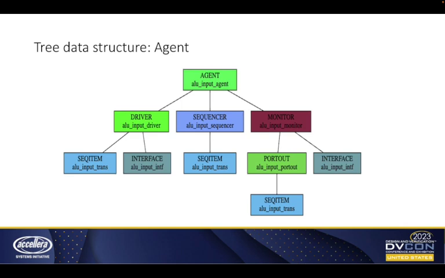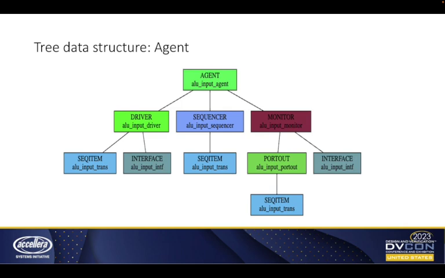In this picture, we can only create a driver node after we know all the information for its child nodes, the sequence item and the corresponding interface. Only after we create all the child nodes for the driver can we generate code for that driver. So the tree data structure can perfectly represent that dependency.